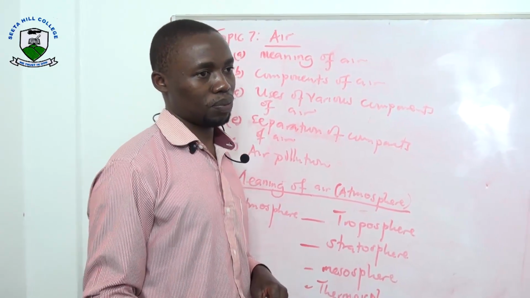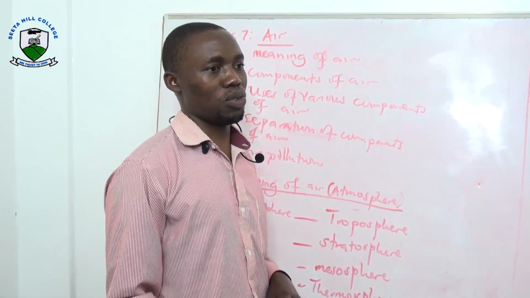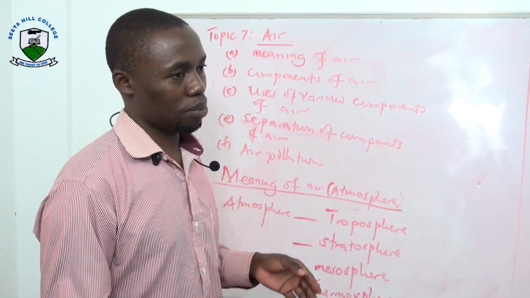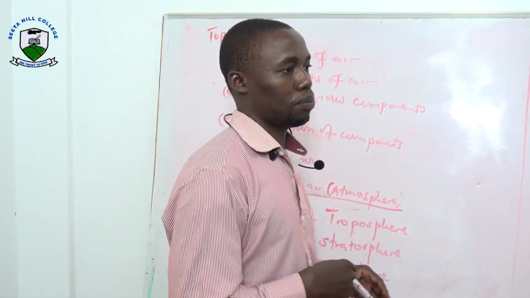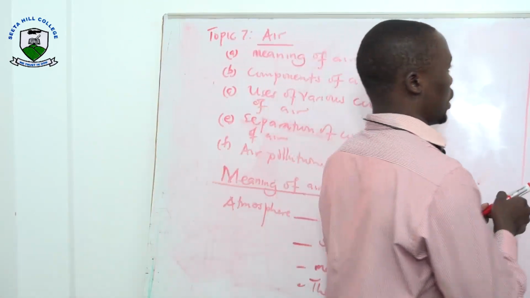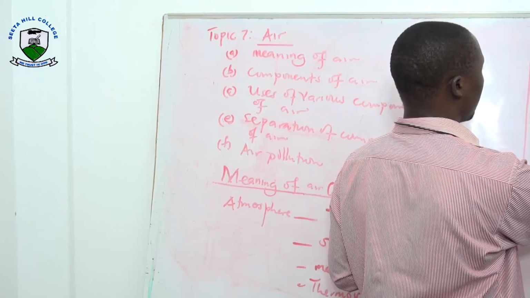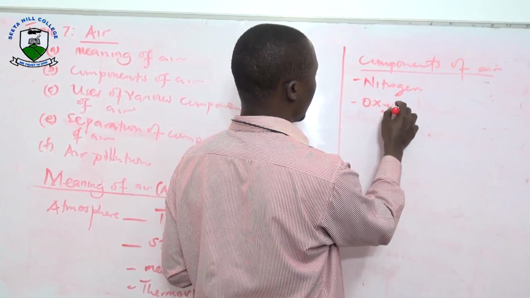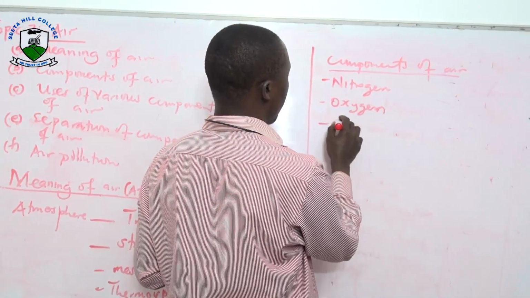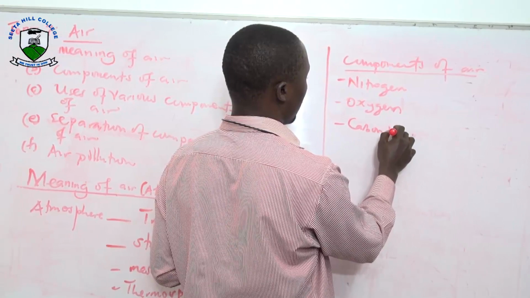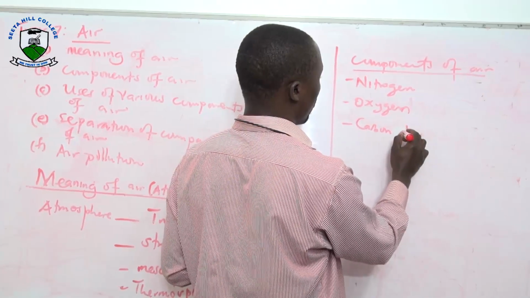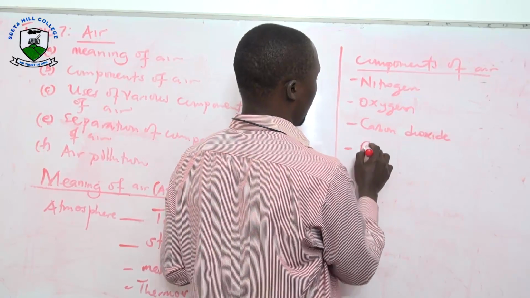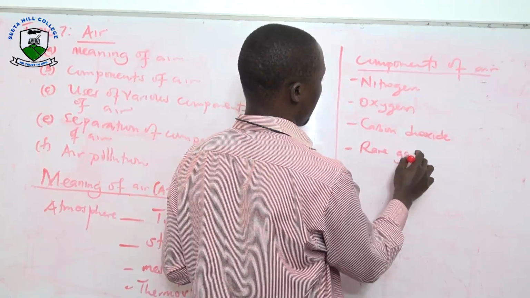Yeah, let me hear from you. Yes, Aspolo, what are the components of the atmosphere or the air? It is composed of nitrogen. Yes. Oxygen gas also there. Carbon dioxide. Then rare gases are part of that.